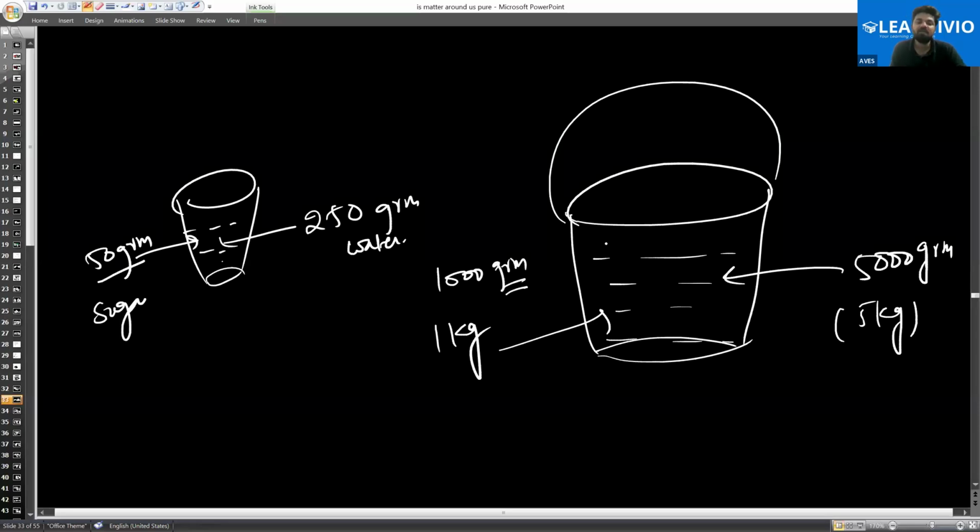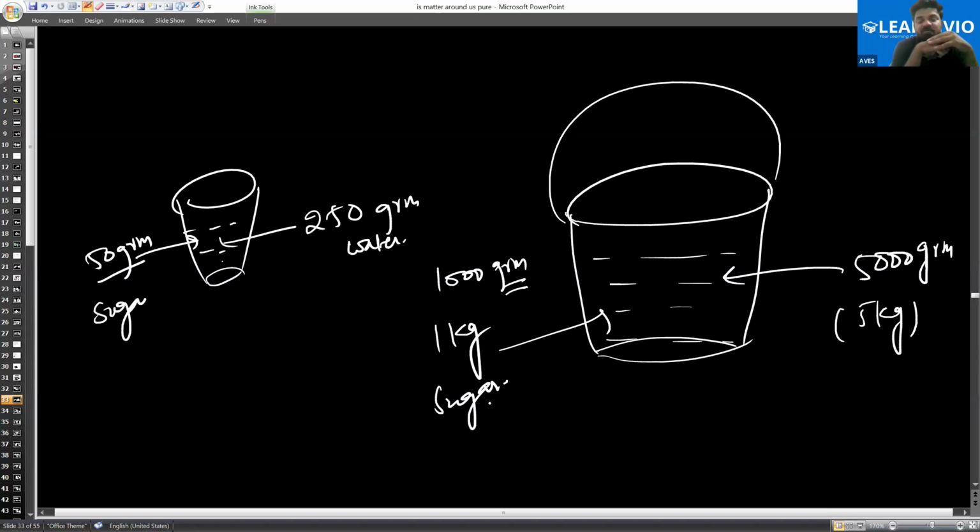So if you take a sip of water from both, which will you feel is more sugary, or we can say more sweet in taste? The bucket solution or the glass solution? Glass. Glass will be more. Yes, you got it.